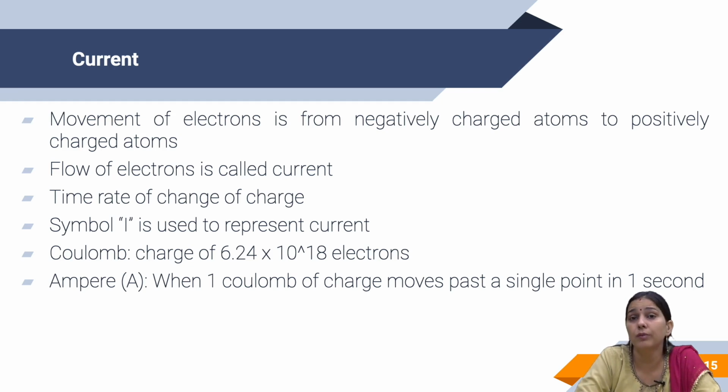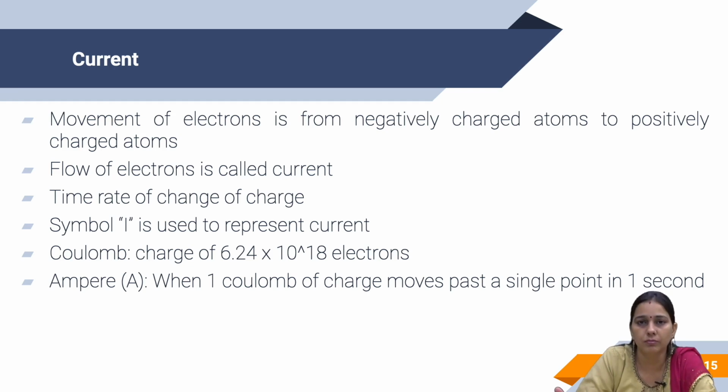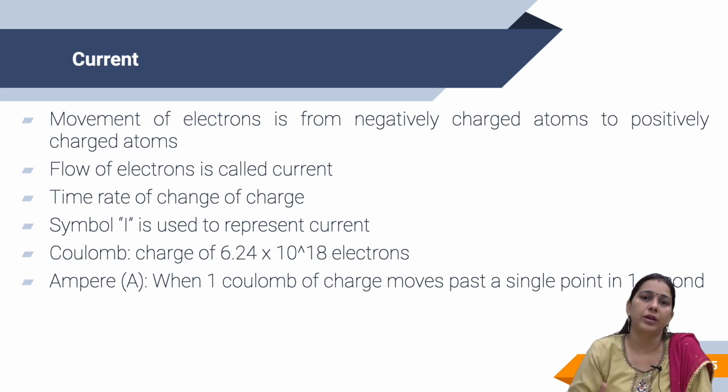We say that 1 ampere of current is flowing when 1 coulomb of charge moves through a single point in 1 second. That is the definition of 1 ampere, and when 1 coulomb of charge moves through a single point in 1 second, then we say that 1 ampere of current is flowing through the circuit.